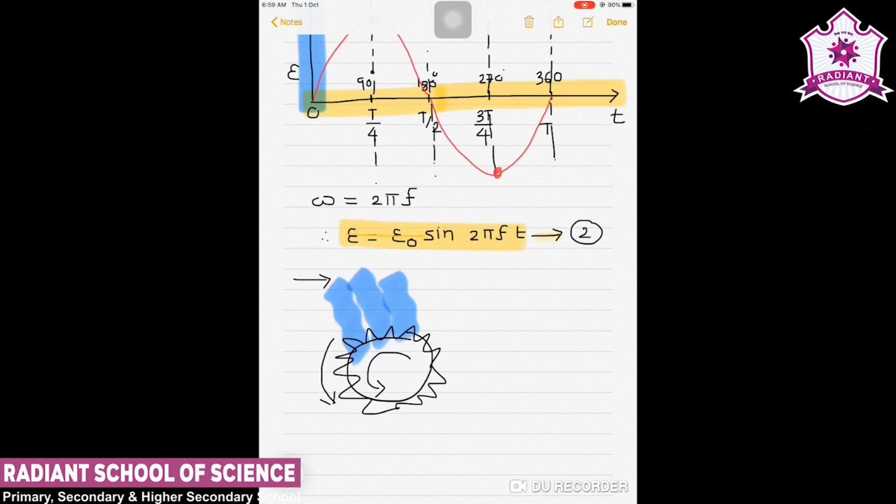So from dam water we can rotate a turbine by the falling water. That is mechanical energy, and we can produce electrical energy, so the mechanical energy is converted into electrical energy.